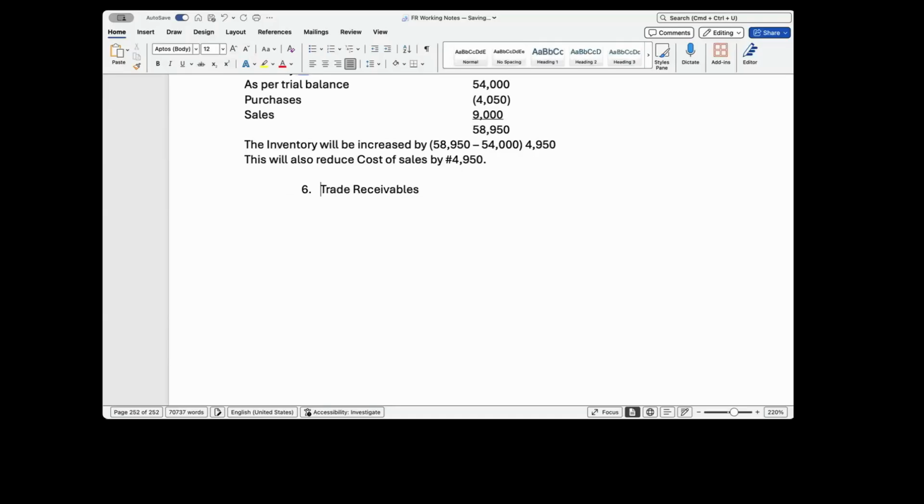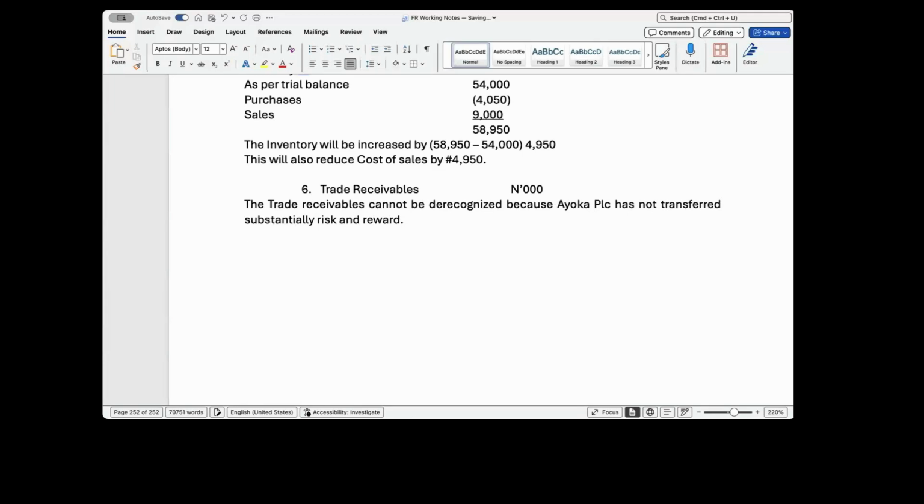So the trade receivables cannot be derecognized because Ayoka PLC has not transferred substantial risk and reward. It is still exposed to credit risk.